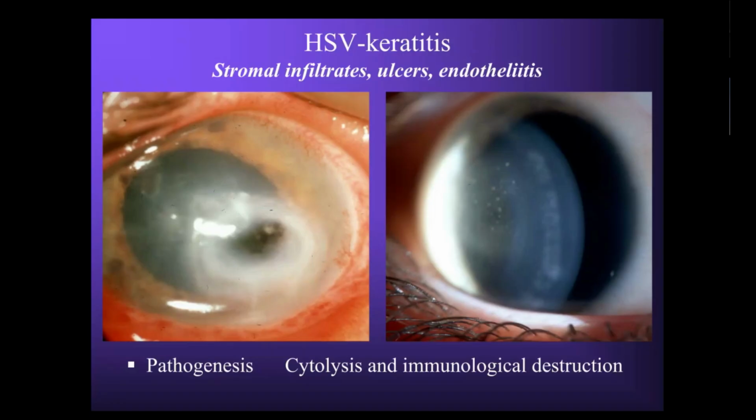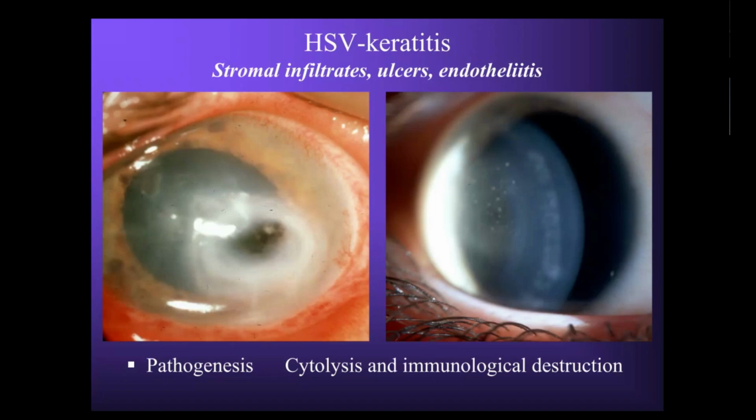And what you see white in the left picture are lymphocytes and macrophages and granulocytes invading the cornea. So we don't see the virus, but we see the immunological response.